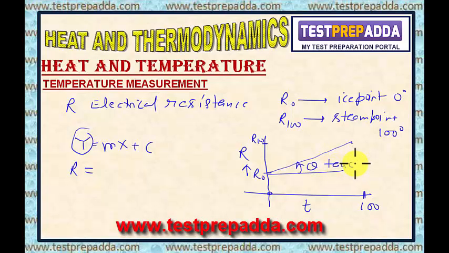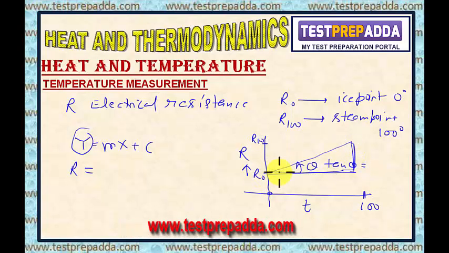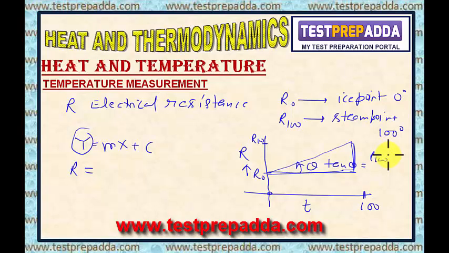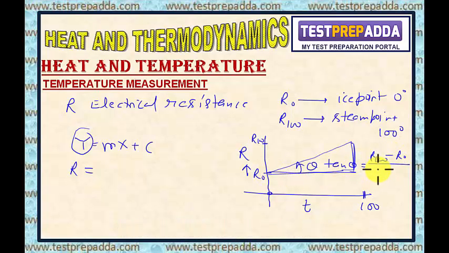So tan theta will be what? This length upon this length. This is R100 minus R naught upon 100.